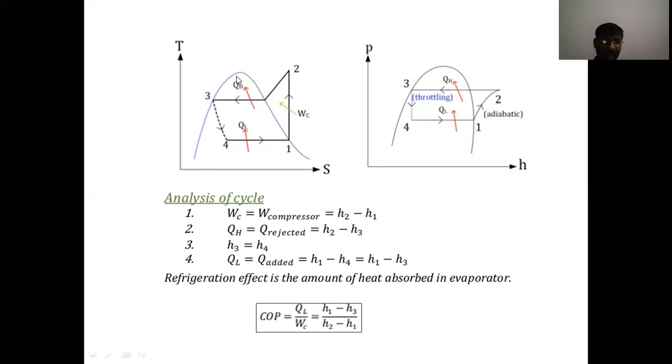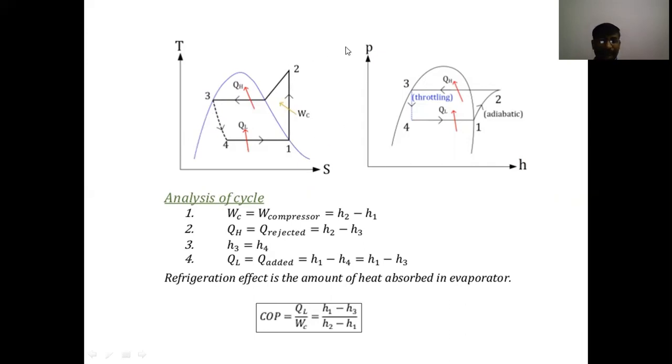In between these 2 curves is called the wet region, in which a mixture of liquid refrigerant and vapor refrigerant will be present. Below this curve, on the left side of the dry saturated liquid line, is the subcooled liquid, where the temperature of the liquid is less than the saturation temperature.